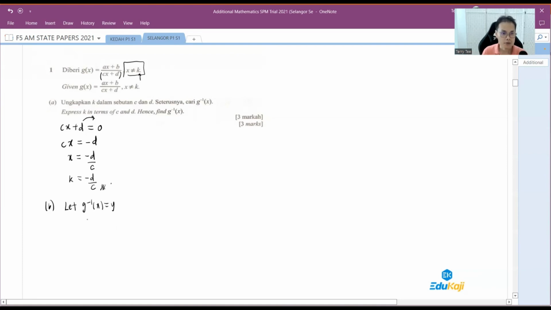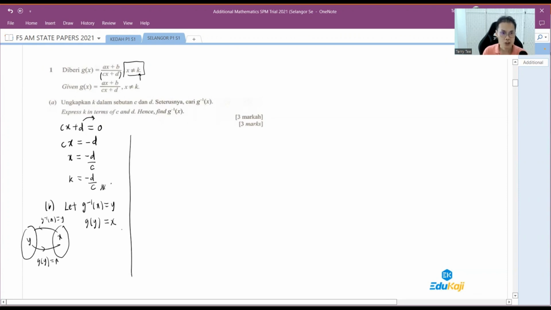When you do this, remember we have to interchange: g(y) is now x. When you start with x and go backwards, g inverse x, the outcome is y. So when you move forward, g(y), your object is now y and your image is now x. We just interchange the object and image.